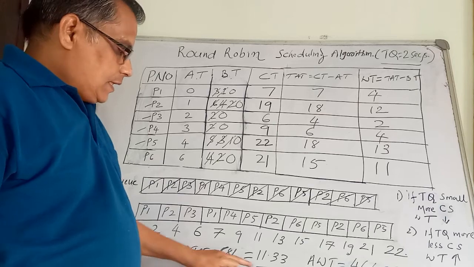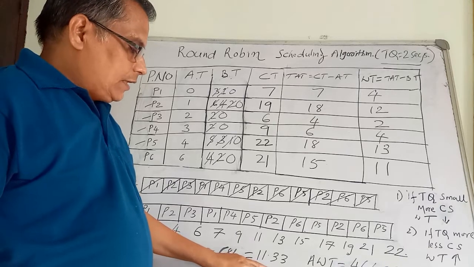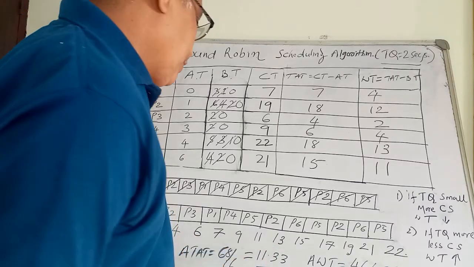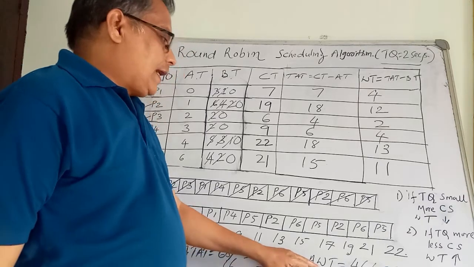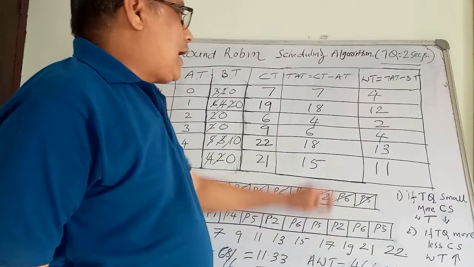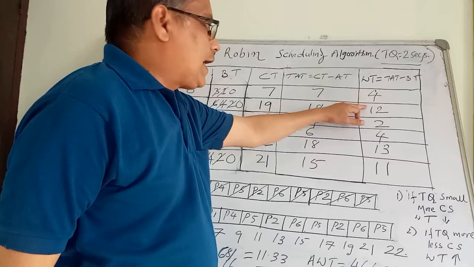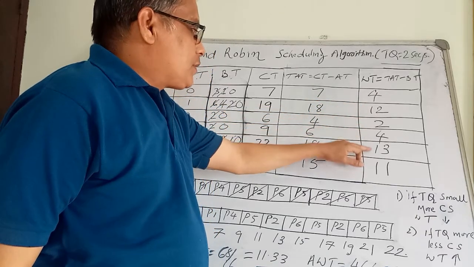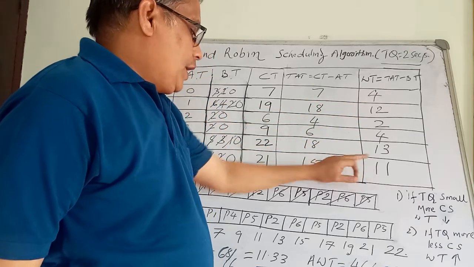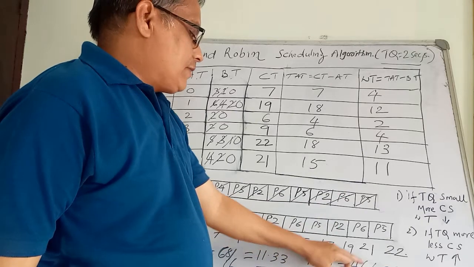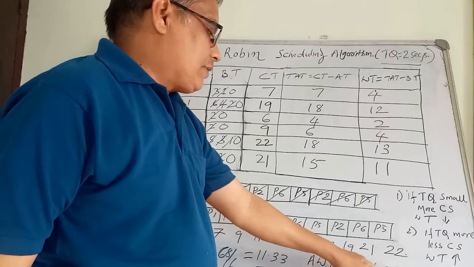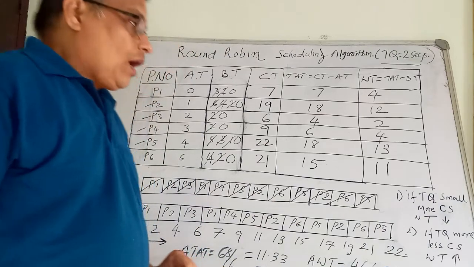That means it comes around 11.33 units or seconds. And average waiting time is found out by adding the individual waiting time of each process. That becomes 46 divided by the number of processes, 7.67.